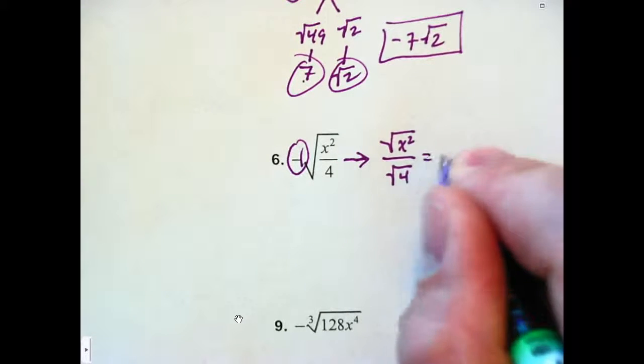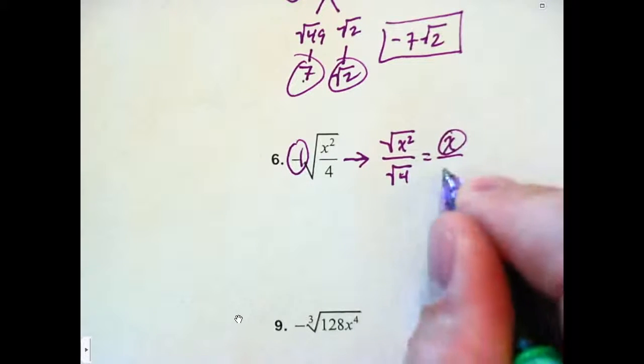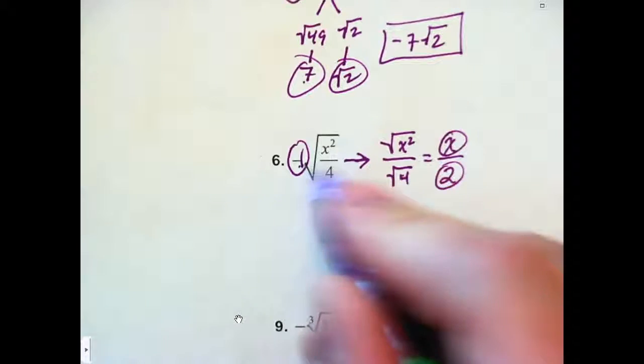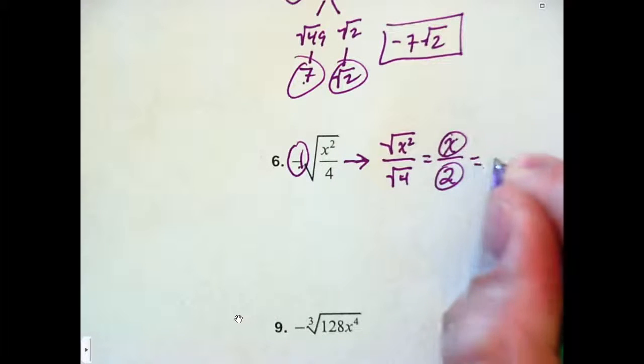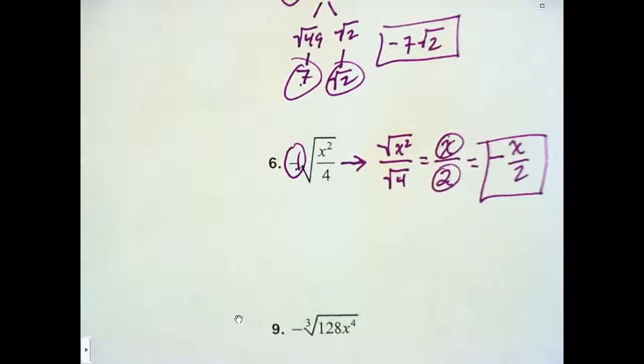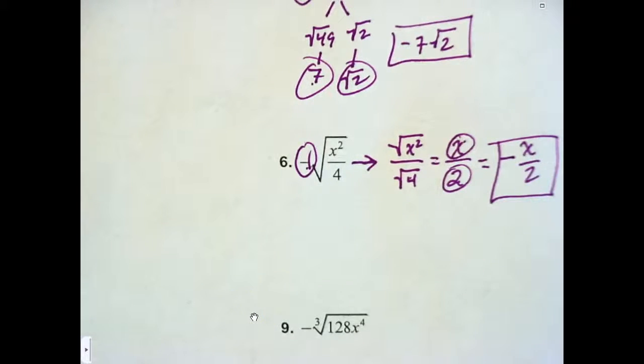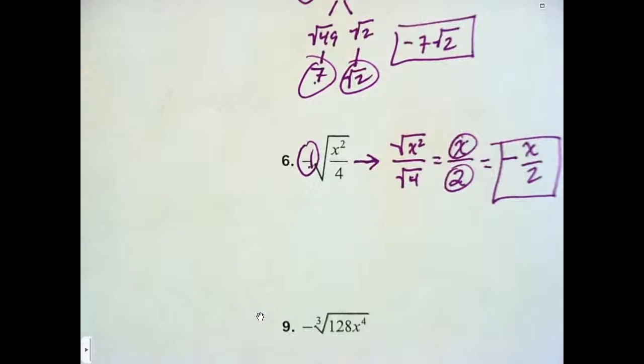That is x. And the square root of 4, that's perfect. It is 2. So we have negative 1, x, and 2. So our answer is negative x over 2. Sebastian? You don't want to put the 1 in front of it. Yeah. Any other questions?